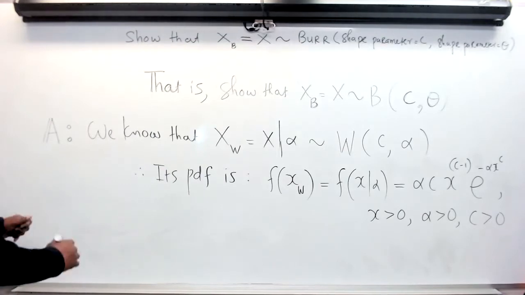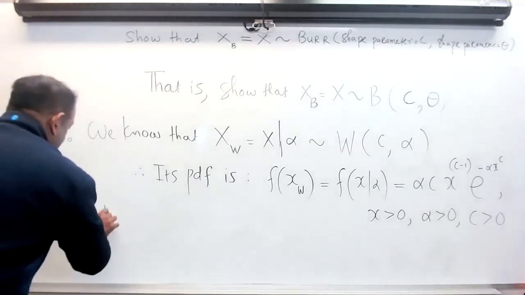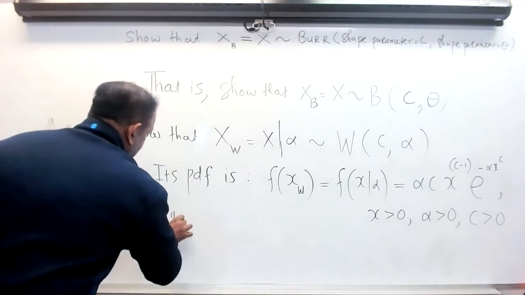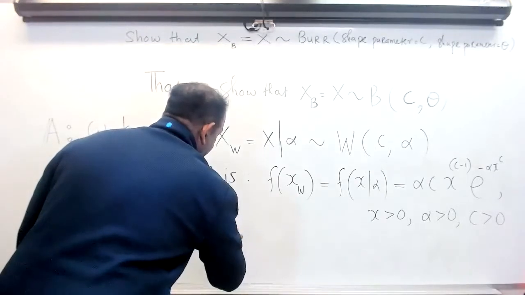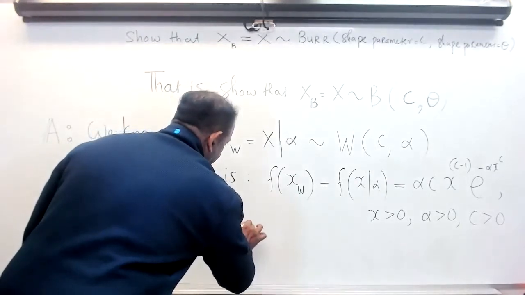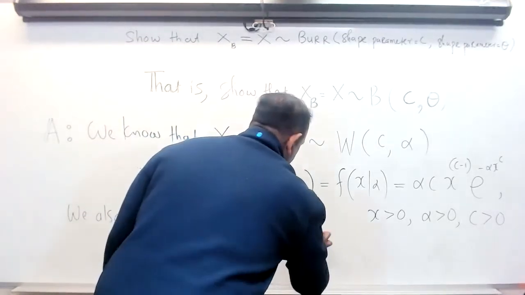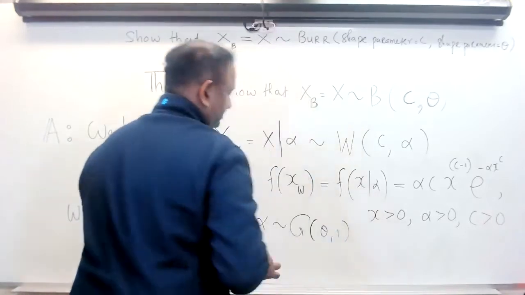In a similar fashion, we also know that XG, which is alpha, is gamma distributed with theta and 1.